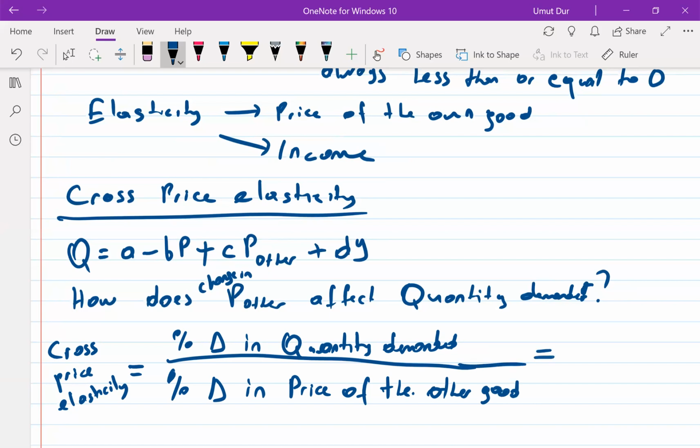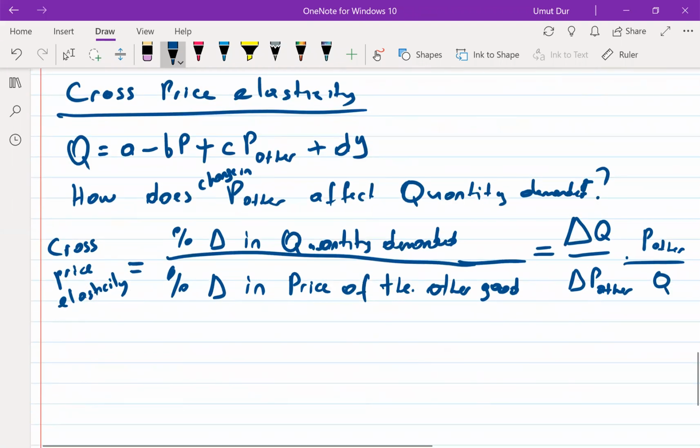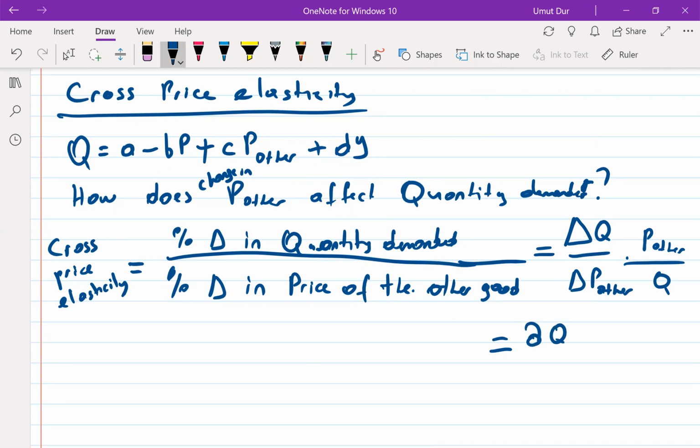If I write this formula more clearly, it will be delta Q over delta P other times P other over Q. I can write this using derivatives: dQ over dP other times P other over Q. So the formula is always the same.